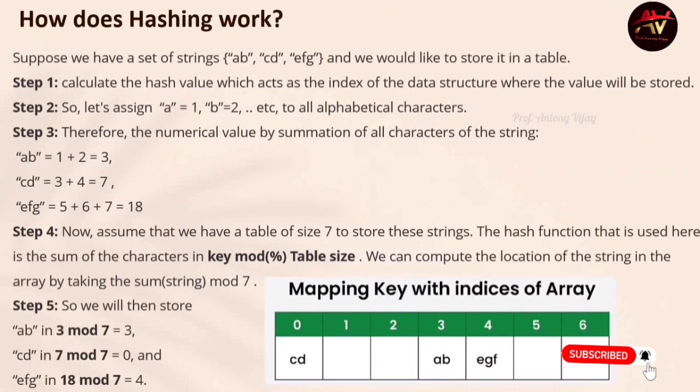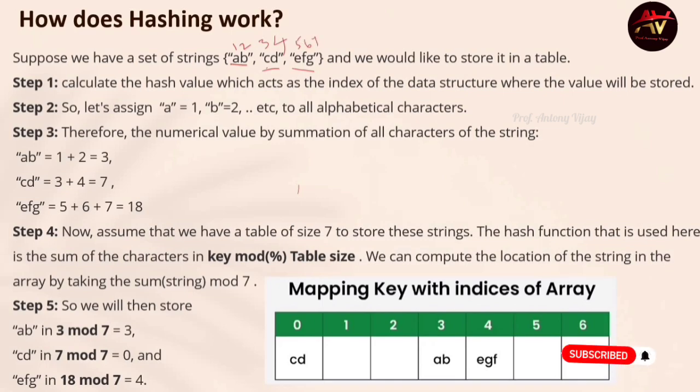So let's have an example of how hashing works. Initially I am taking three strings. The first string is AB, the second string is CD, and the third string is EFG. I am assuming A equals 1, B equals 2, C equals 3, D equals 4, and EFG is 5, 6, 7.